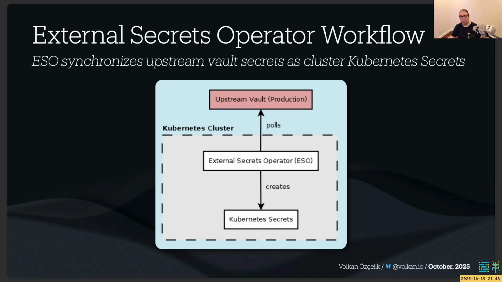External Secrets Operator retrieves secrets from an upstream store. It can be HashiCorp Vault, it can be Azure Key Vault, or any kind of key store that ESO supports. And after fetching those secrets, it creates a Kubernetes secret object in the cluster that it manages.